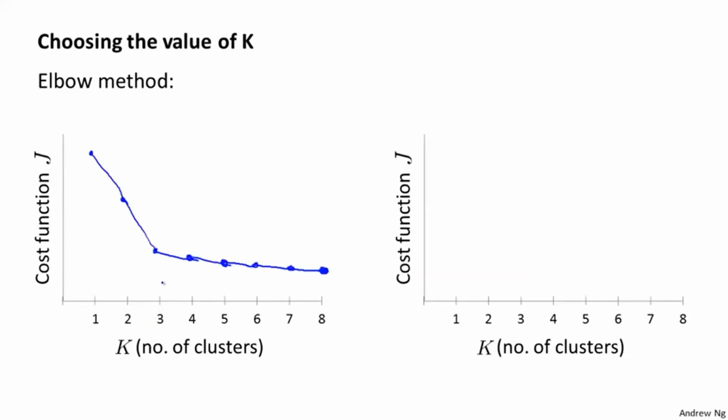And if you look at this curve, what the elbow method does is it says, well, let's look at this plot. Looks like there's a clear elbow there, right? This is by analogy to the human arm, where if you imagine that you reach out your arm, this is your shoulder joint, this is your elbow joint, and I guess your hand is at the end over here.